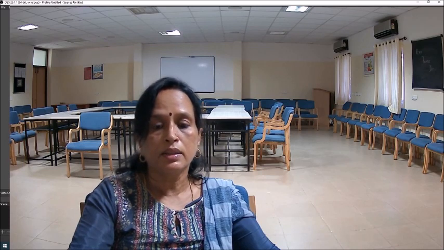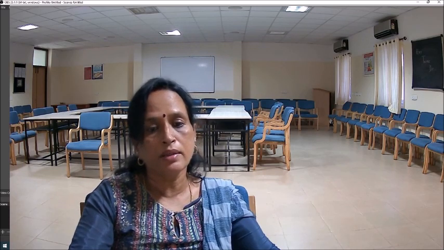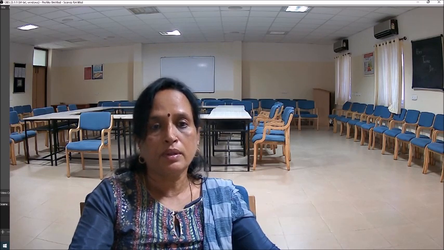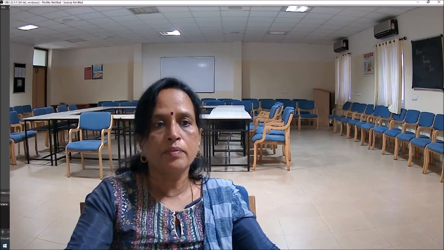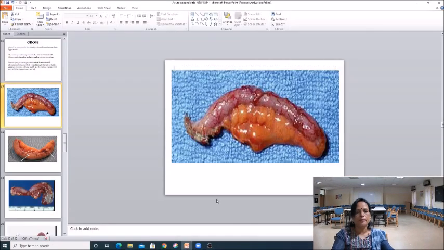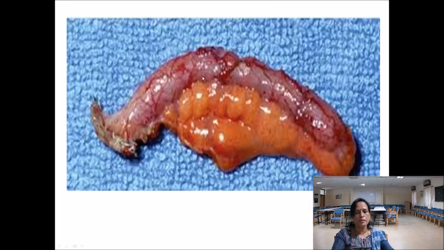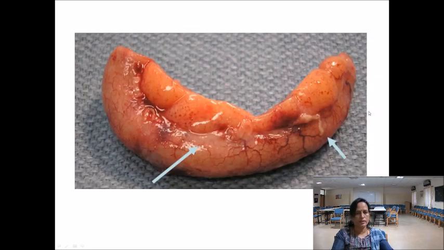Okay, let's see how acute appendicitis appears grossly. I have put a lot of pictures so that you can appreciate all this easily. Okay, the first specimen. You know the cardinal signs of acute inflammation now. So here you can make out the serosa with congested blood vessels.